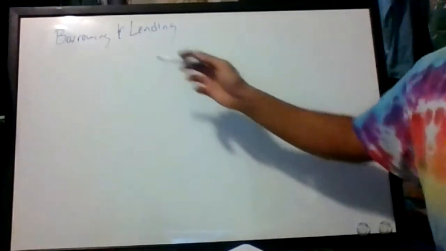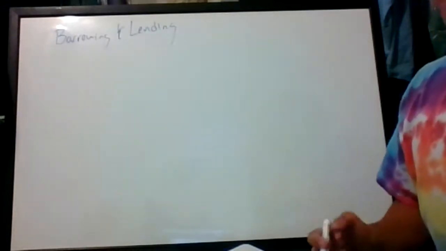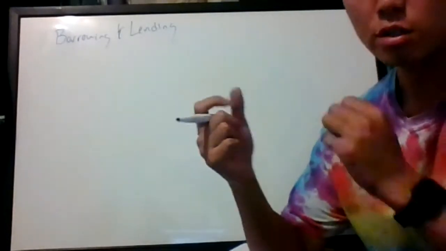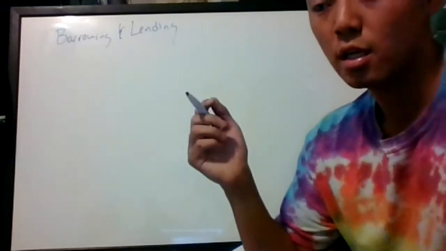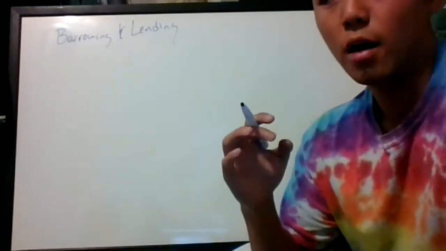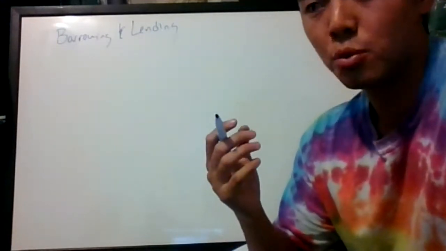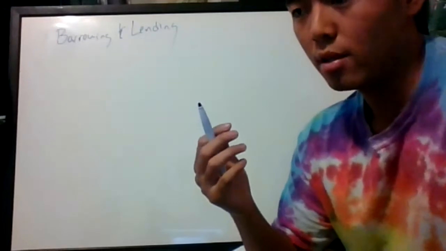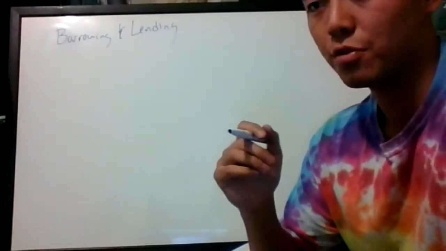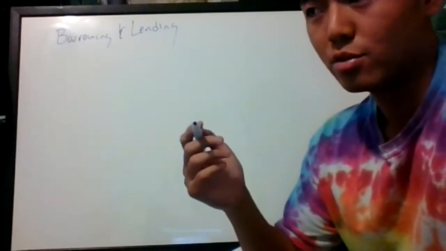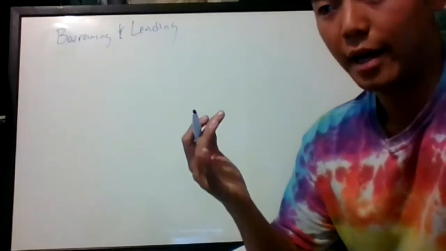But now, when we talk about borrowing and lending, and then as we move forward into investing in present value, the two goods that we're going to be making a decision between are consumption in the present versus consumption in the future. The significance of that is that the way we're going to be exchanging between present and future is going to be dependent on factors like interest rates and inflation.